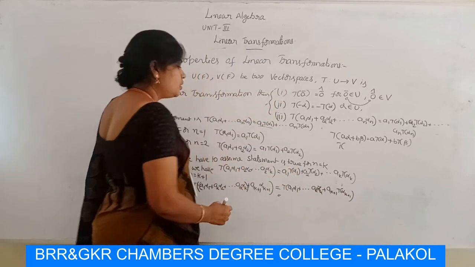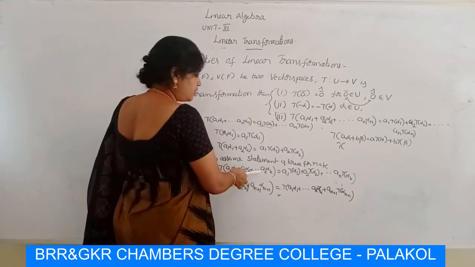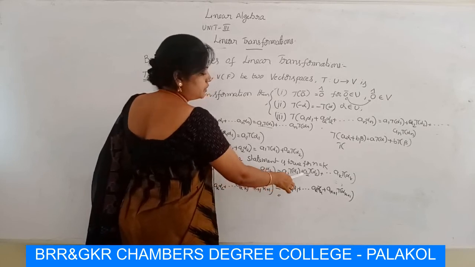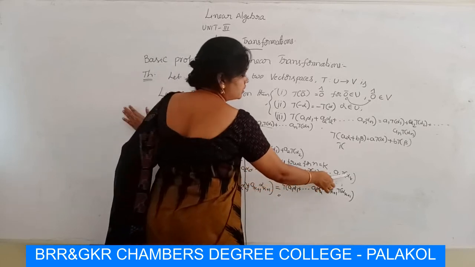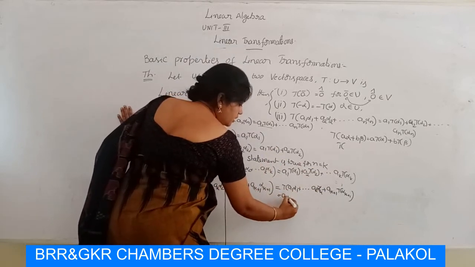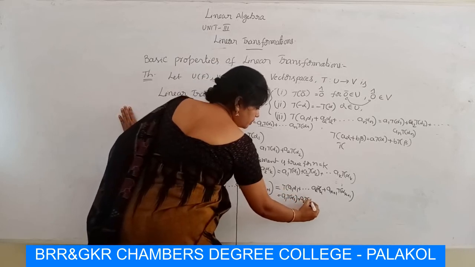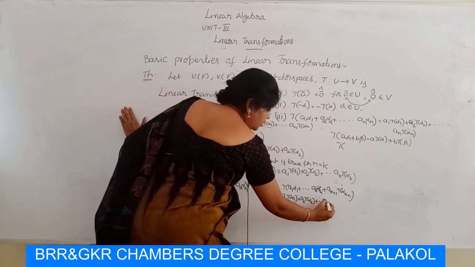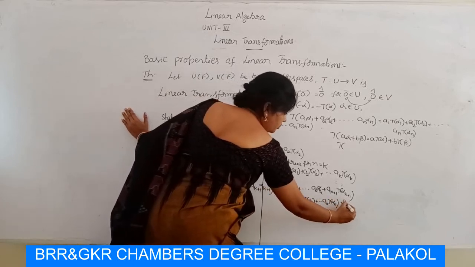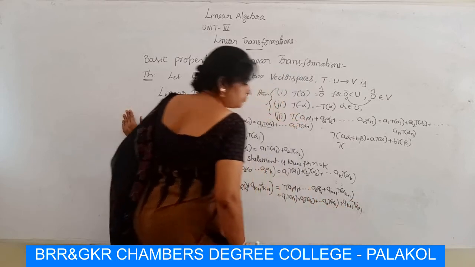But we have T of a1 alpha 1 plus a2 alpha 2 plus and so on ak alpha k is a1 into T of alpha 1 plus a2 into T of alpha 2 and so on ak into T of alpha k. Therefore we can write a1 into T of alpha 1 plus a2 into T of alpha 2 plus and so on ak into T of alpha k plus ak plus 1 into T of alpha k plus 1.